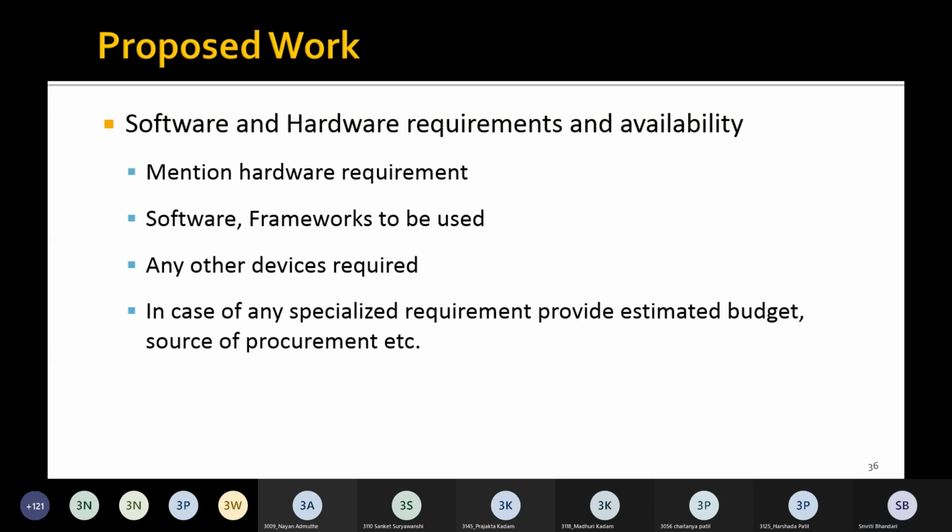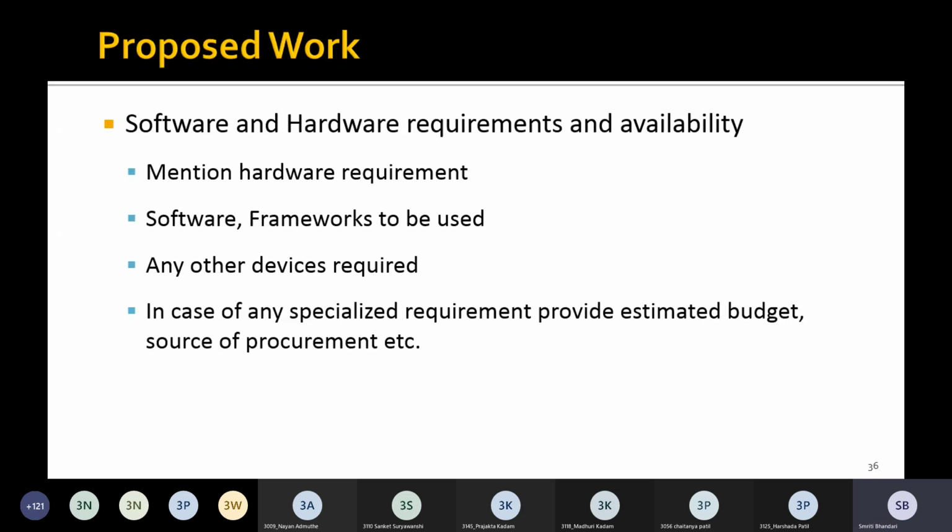But if we are supposed to use any specialized device, or if it is a project under the IoT domain, then it may require some sensors, some interfaces, something like that.